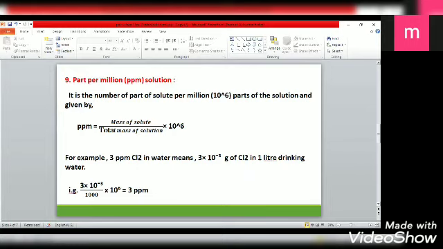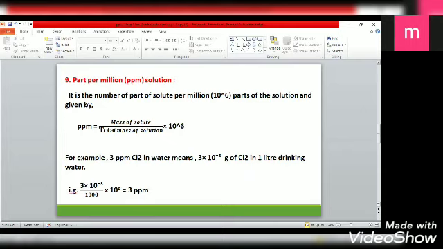For example, 3 ppm Cl2 in water means 3 into 10 raised to minus 3 grams of Cl2 in a liter of drinking water.